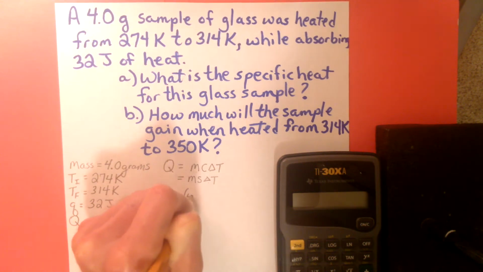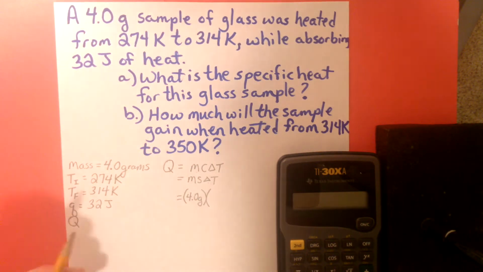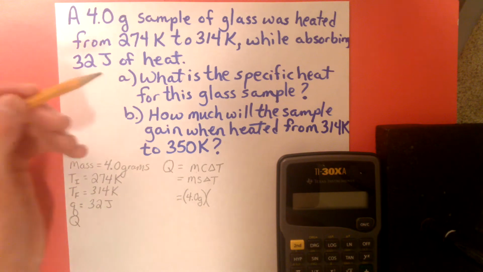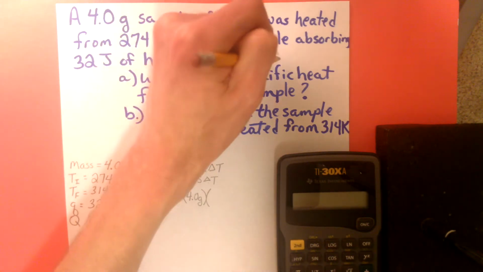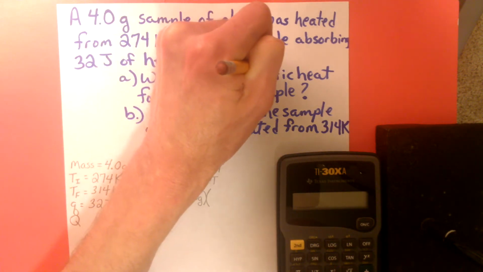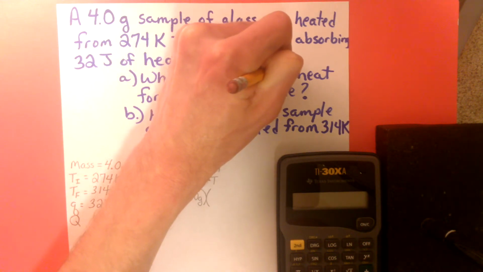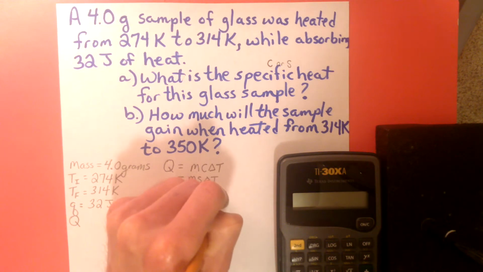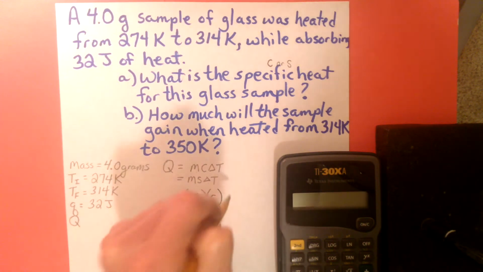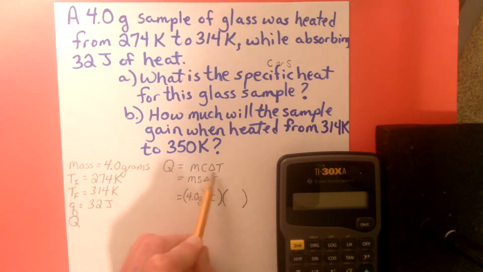So we've got mass is 4.0 grams. Now notice what we're solving for. We're solving for the specific heat of the glass sample. Well, the specific heat is labeled with the C, or some textbooks have it as S. So we're hunting for that. I'm going to use the C. Now our delta T is the change in temperature.